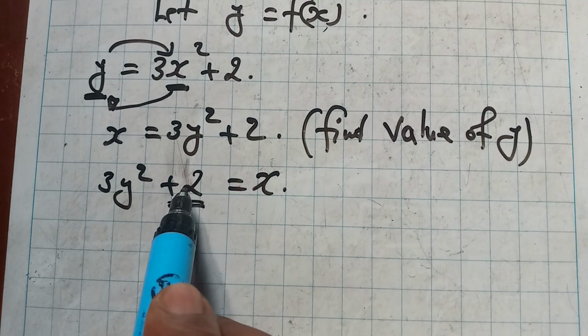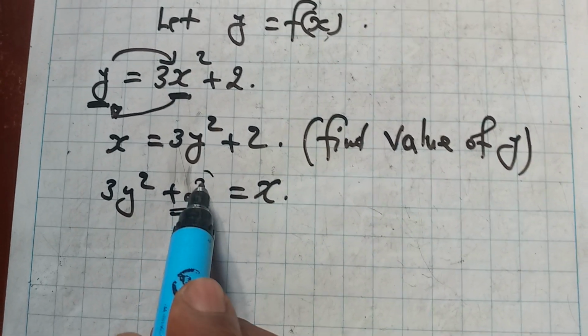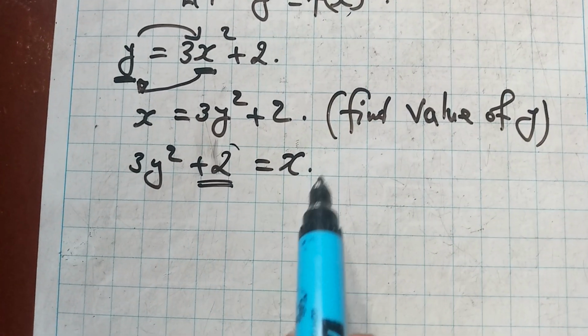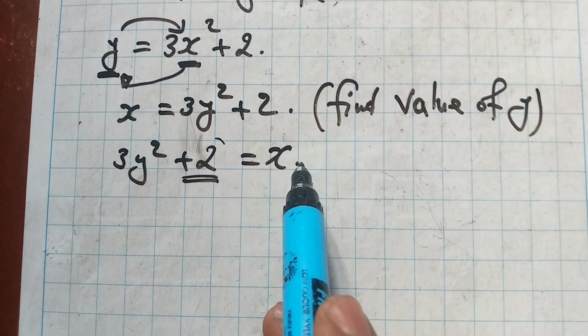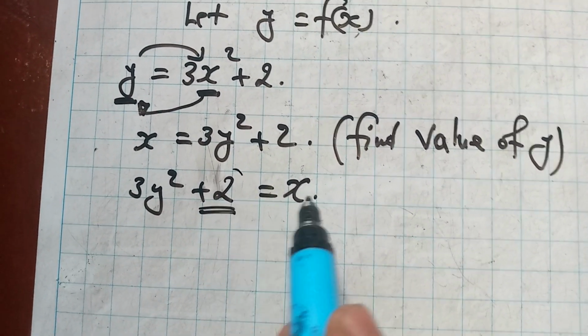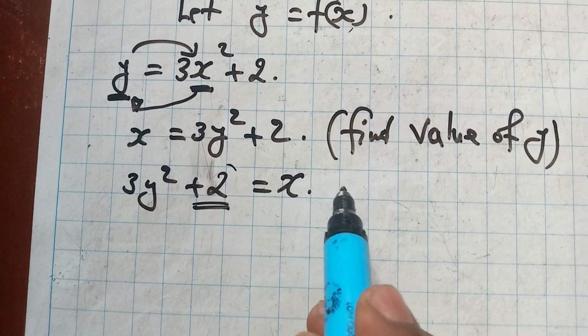If it is subtracted here, we will have 0. And if we do anything on the left hand side, we have to do it also on the right hand side. That is why when you subtract the 2 here, you have to subtract it from the right hand side.